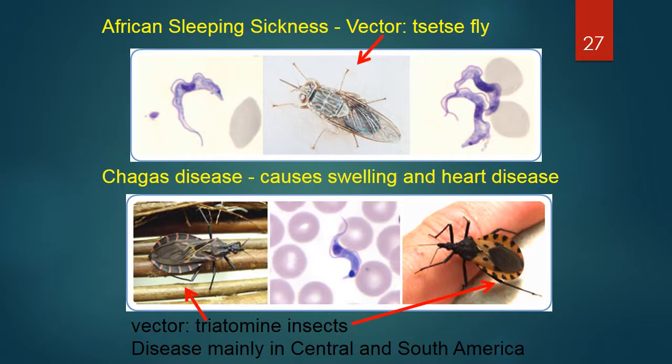For Chagas disease, which causes swelling and heart disease, the vector is a triatomine insect, so it looks a little bit like our stink bugs. And these are diseases mainly in Central and South America. This is often why, for many diseases that are caused by these protozoa, we try killing the vectors so that they can't be transmitted.